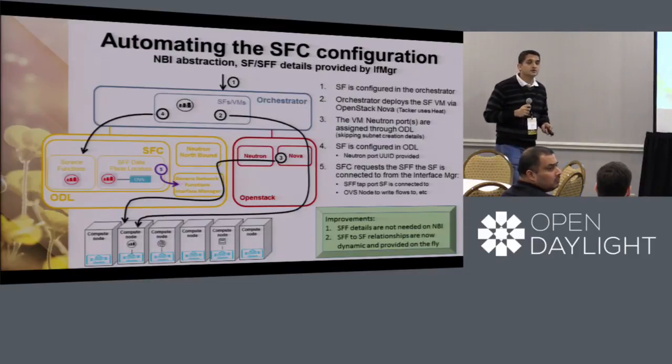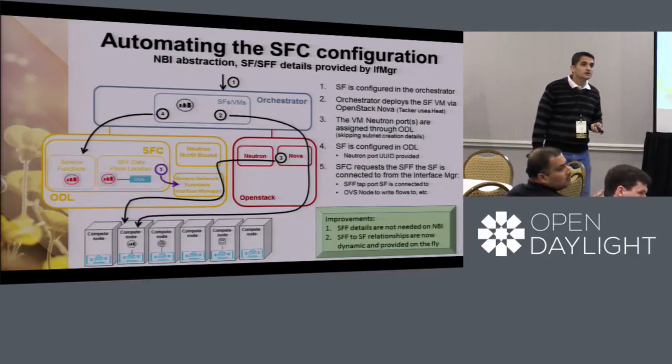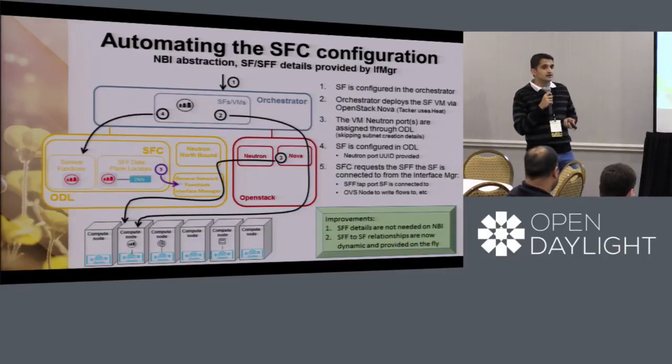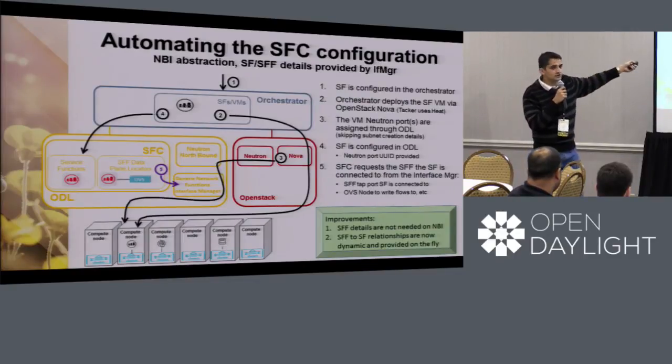Can you explain how the initial UUID was known to ODL in the first place? Okay, that is where, known to ODL in the sense, when you are configuring the SFP, or let me generally call it SFC, when you are setting up the data plane locators of the SF, you have to feed that in from OpenStack.